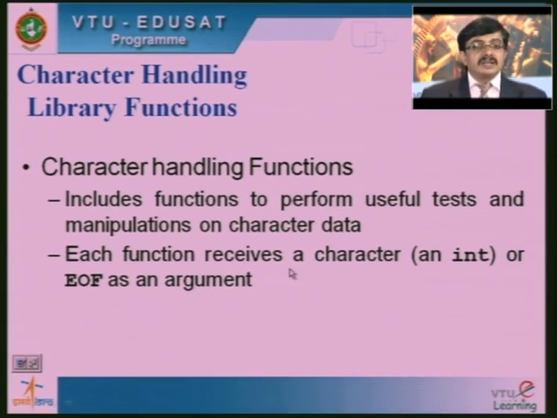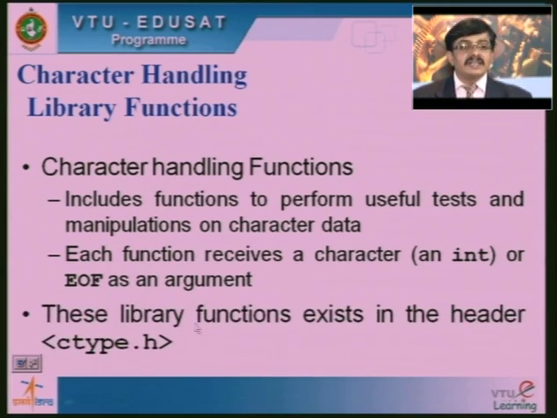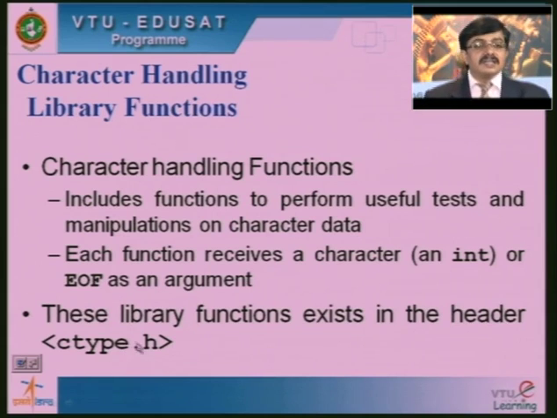Each function receives a character or an int as a parameter, or end of file as an argument. Each function means the functions of this character handling library. The name of the library where we can find these functions is ctype.h. This is the character type header, where we find various functions useful for performing operations over characters.